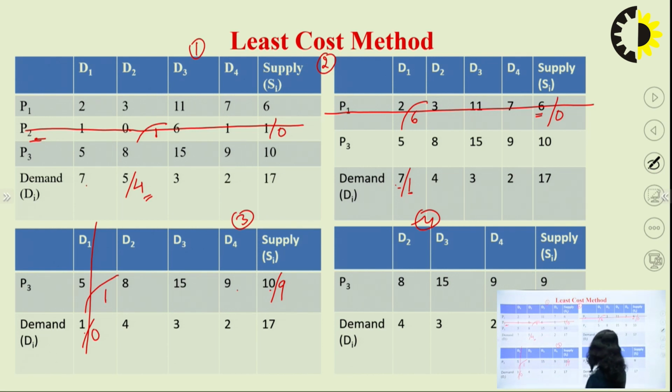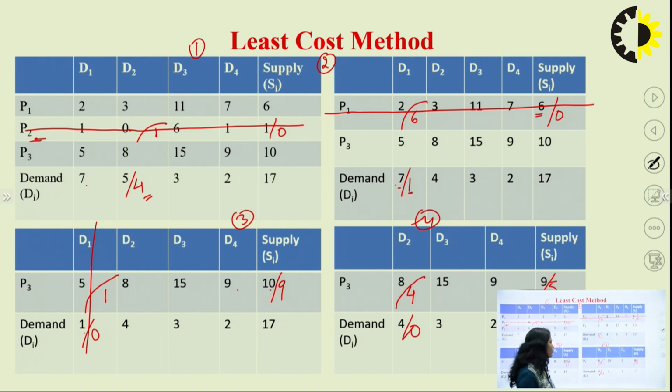Now, we will check what is the minimum cost. Minimum cost is against this cell and the supply is 9 and the demand is 4 here. So, we will supply the demand of 4. It will become 0, it will become 5.